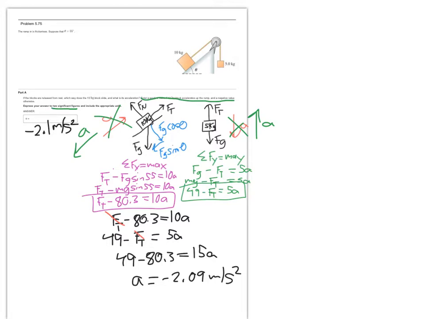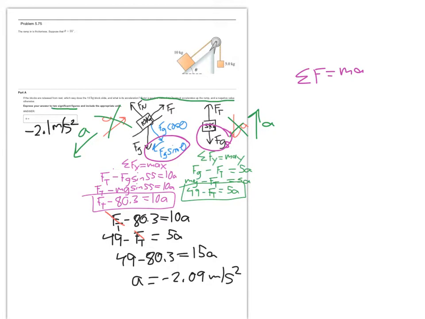If I treat this as a system, the forces I really care about are this Fg on the 5 kilogram and the x component of the force of gravity on the 10 kilogram. Those are the forces going with or against the acceleration. Treating it as a system actually makes it a little bit easier to see which way it's going to accelerate.